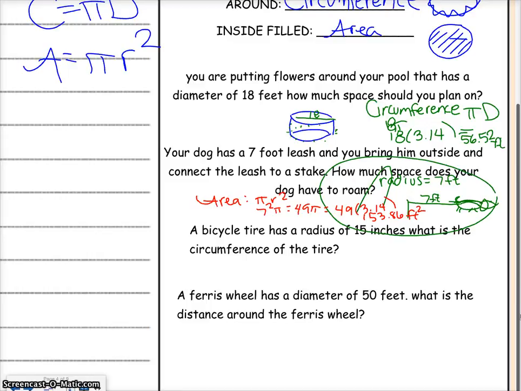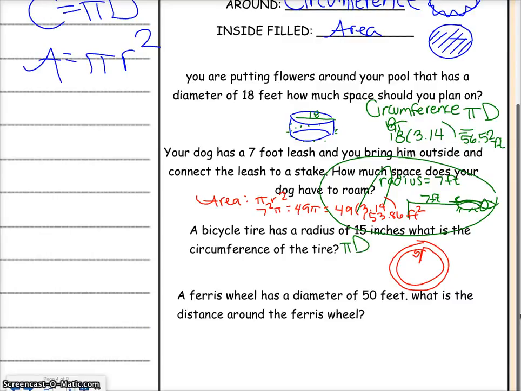Okay, a bicycle tire has a radius of 15 feet. So imagine a bike tire. You have your spokes, and we know that each spoke is 15 feet. What is the circumference of the tire? Meaning, how far across does my tube really go? So circumference is pi d.